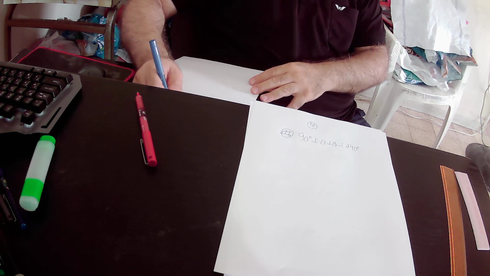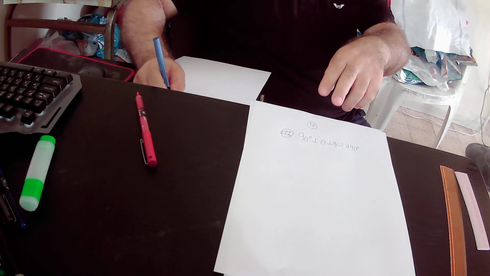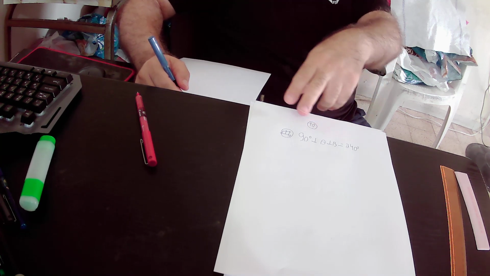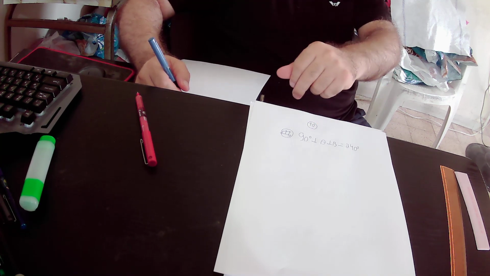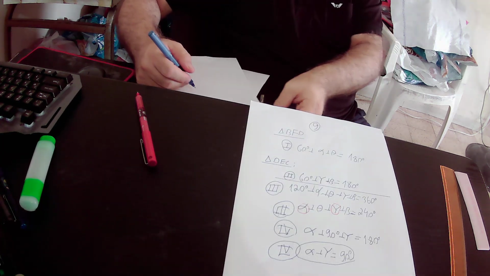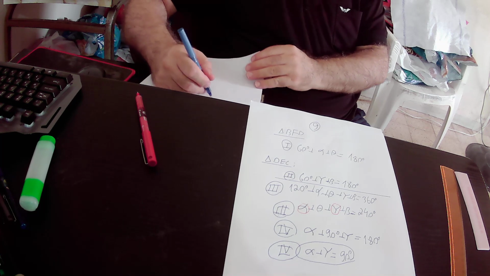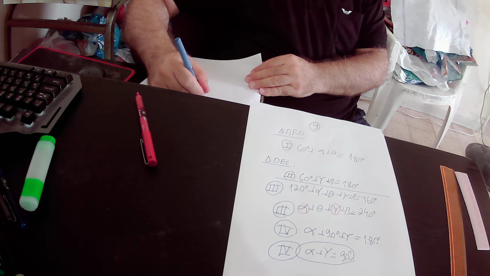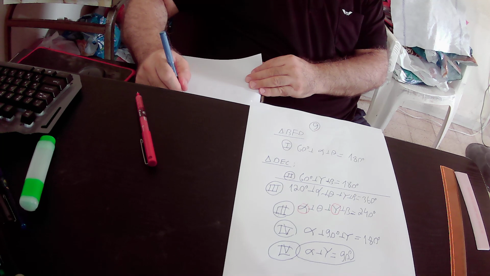Here we'll subtract 90 degrees from equation number 3, and we will get that theta plus beta equals 150 degrees.